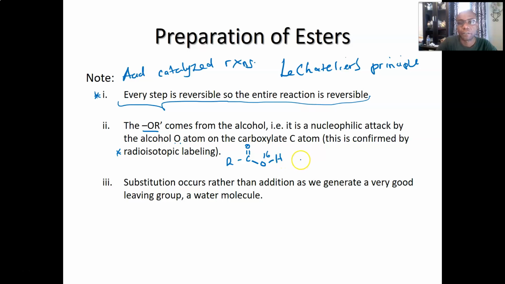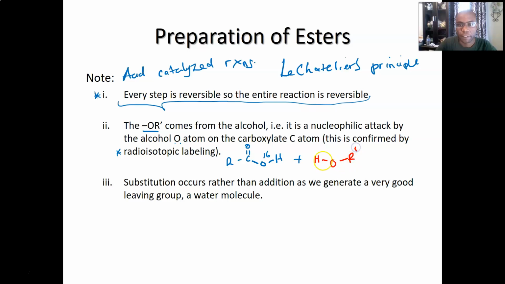But oxygen has an isotope called oxygen 18. Isotopes are just elements having different mass numbers, because they have different numbers of neutrons.